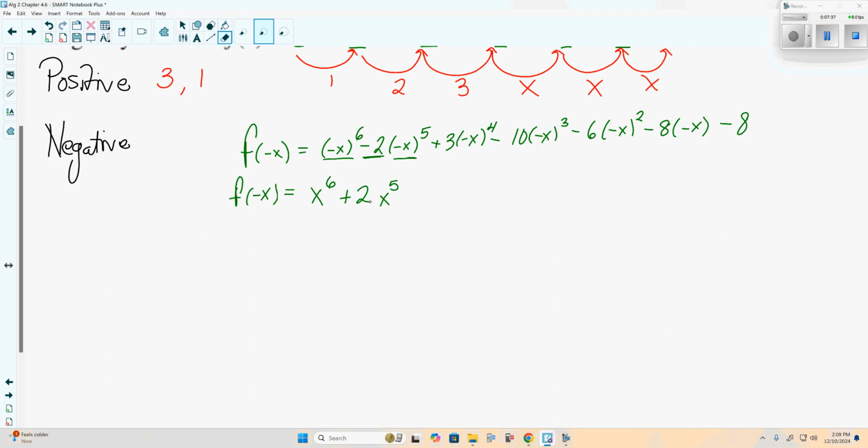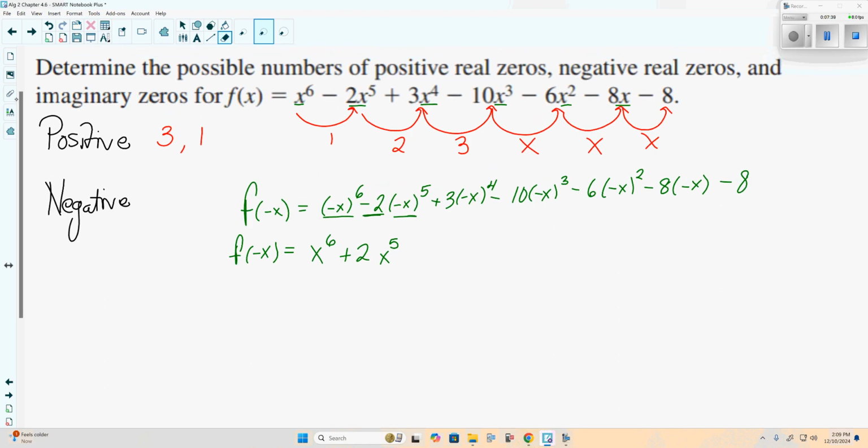with the x to the 6th term, it was positive, it stayed positive, yes? With a negative, if it was negative, it's going to become positive. And if for that odd term it was positive, it's going to become negative because we're adding a negative to it.